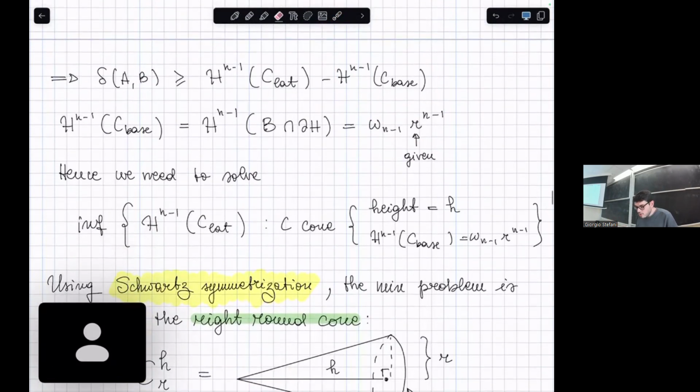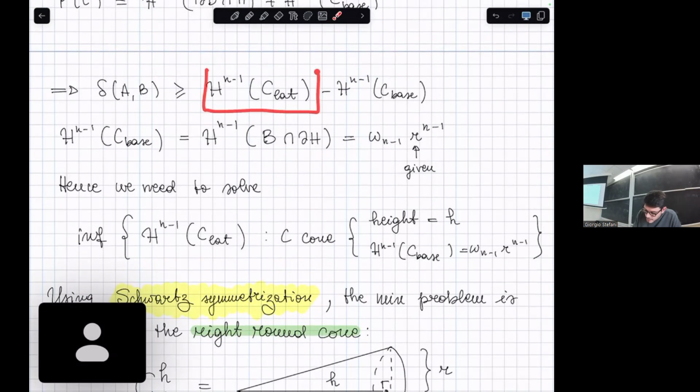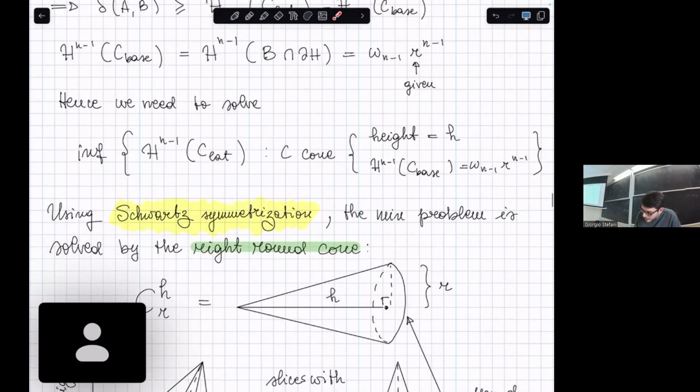So what I want to know is if I can put something below here. And this something amounts to minimize essentially this thing here, putting as constraint the height of my cone, which is fixed, is given by the problem, and the area of the base of my cone.